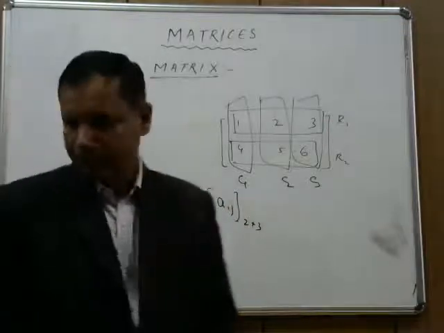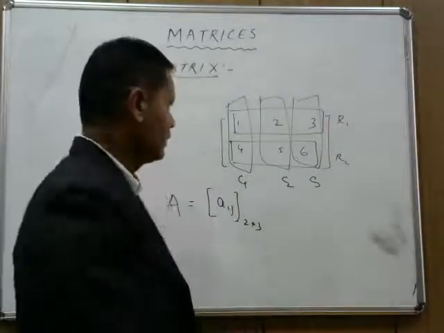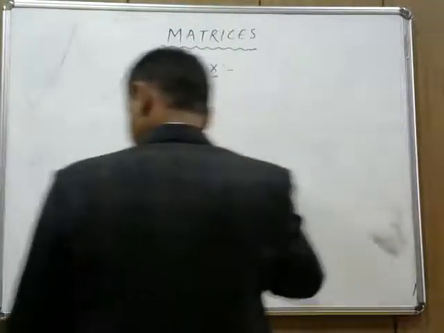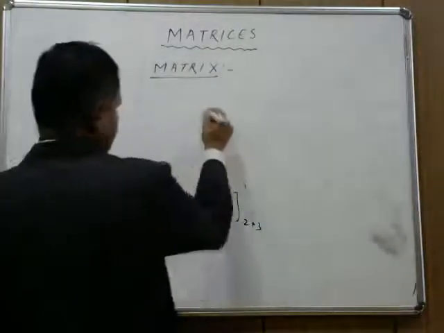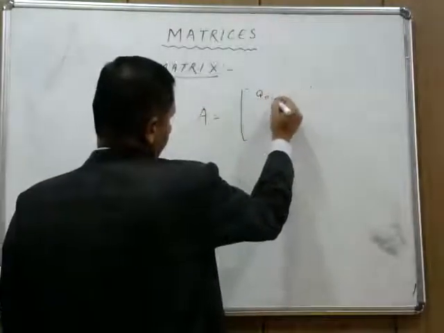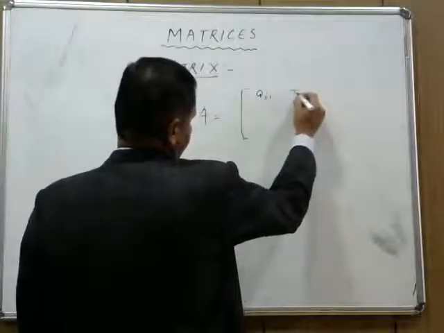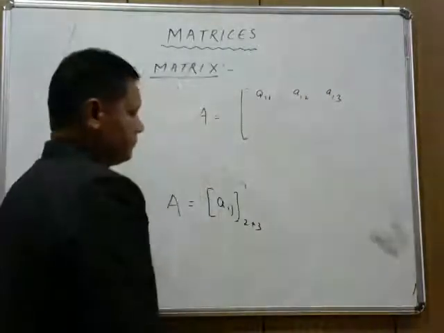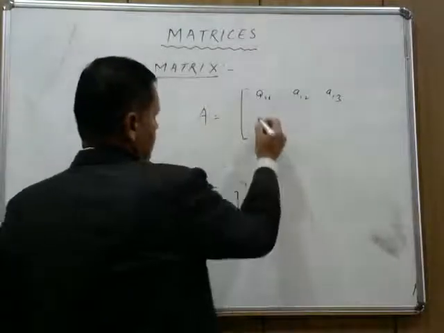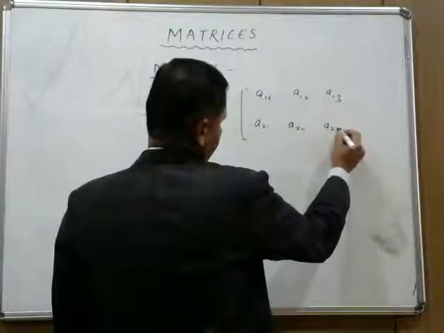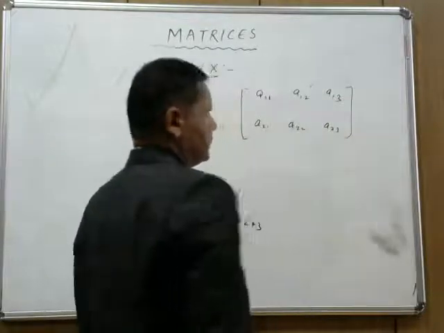If I talk about the particular address of all the elements, I can write like this. Matrix A is equal to a11, a12, a13, a21, a22, a23, right?